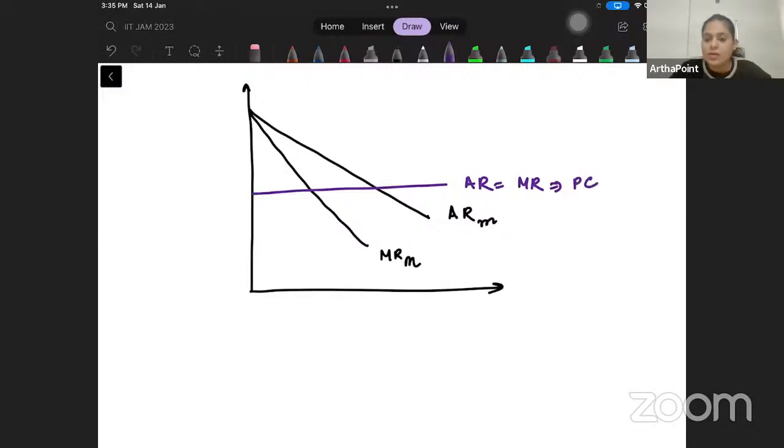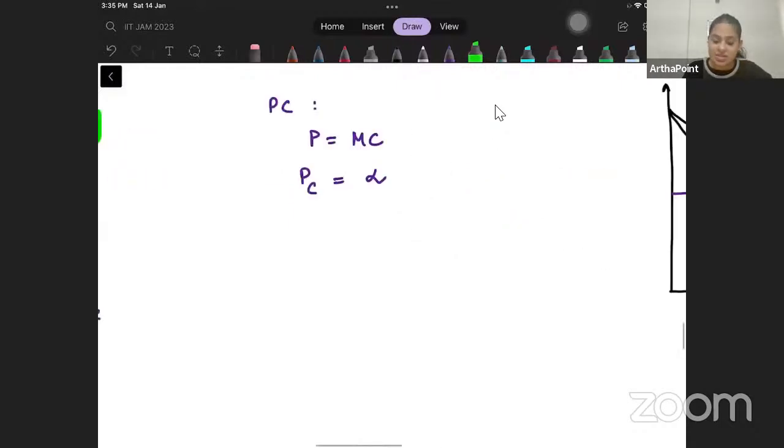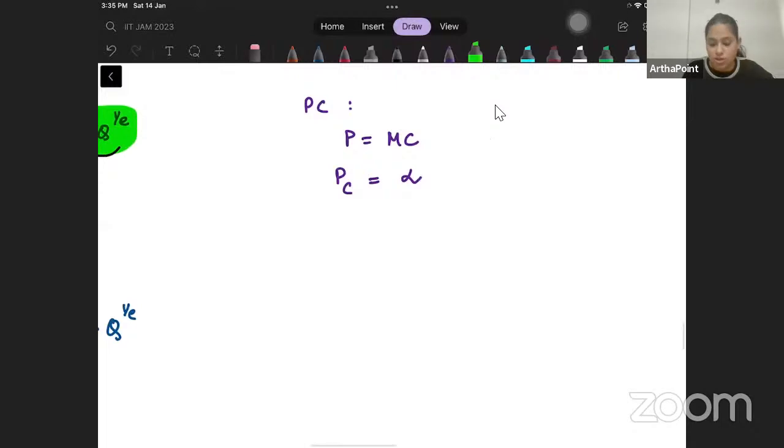Now, for a perfectly competitive firm, he has set his price. For a perfectly competitive firm, we have an equilibrium where price is simply equal to marginal cost.